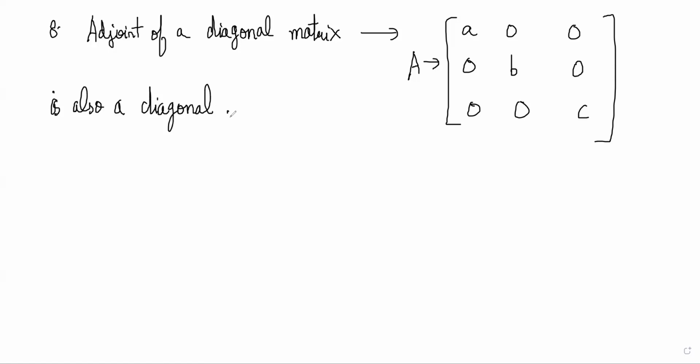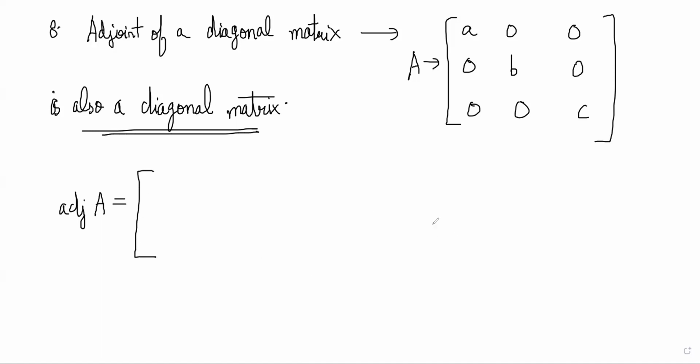The adjoint of this matrix, if you calculate, you will end up getting another diagonal matrix. Find out the adjoint. What is it? I'll just note it down.